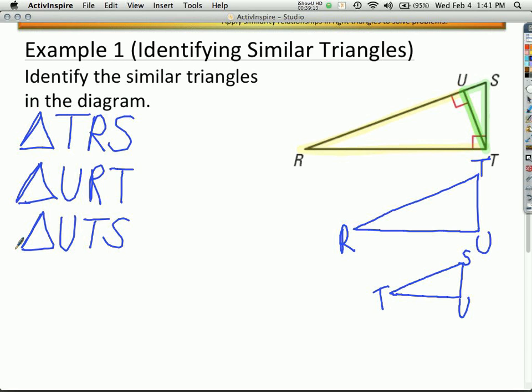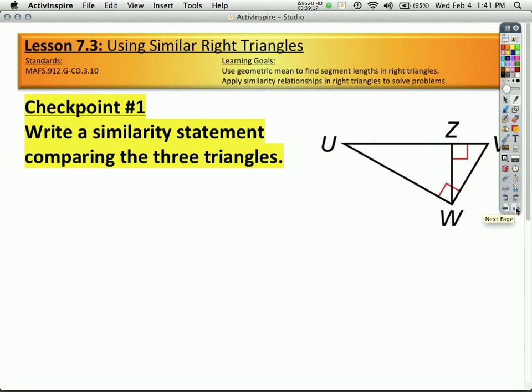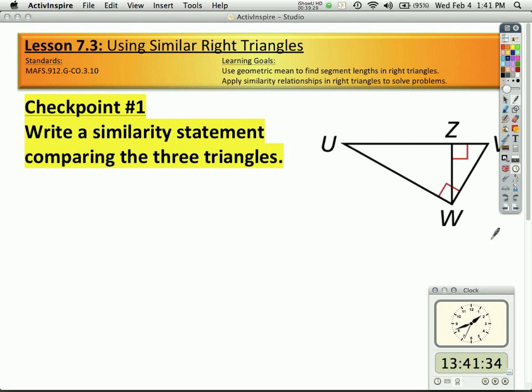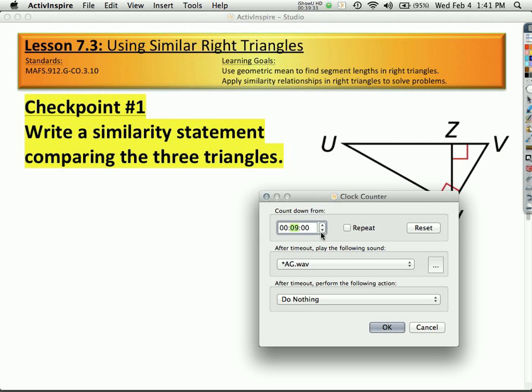Any questions? Okay, see if you can name them on your own. And I want you to name them by starting at the right angle so that we can compare what we did with our teammates. So start with the right angle each time you name a triangle. You've got 2 minutes.